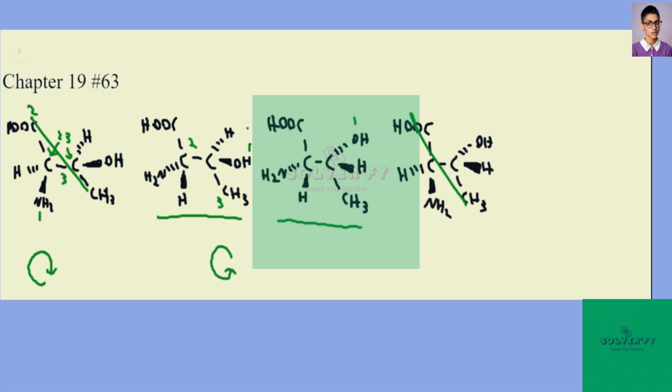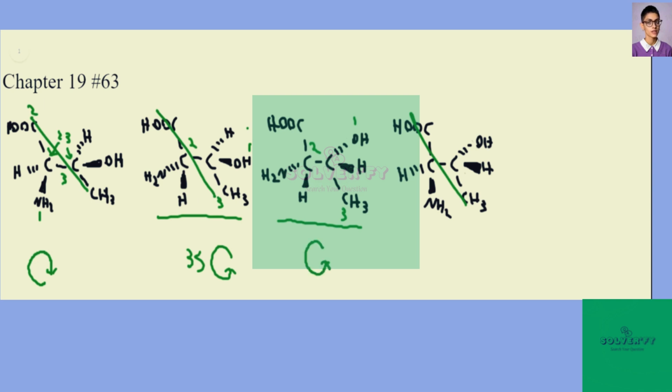So this would be 3S. We don't want that, so it has to be this third molecule here, the only remaining one. That can be correct, but let's just double check. This would be priority 1, priority 2, priority 3 again, and so this would be counterclockwise again.